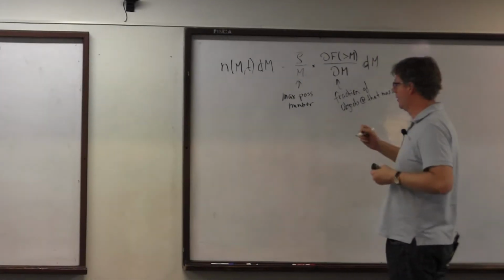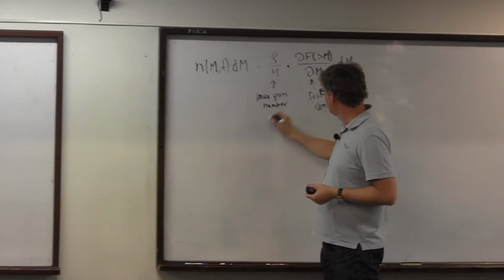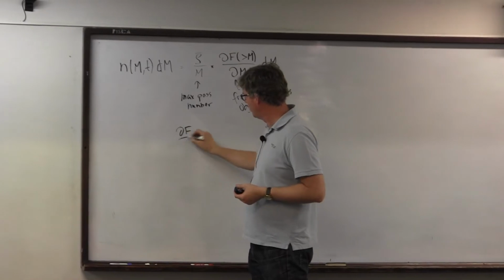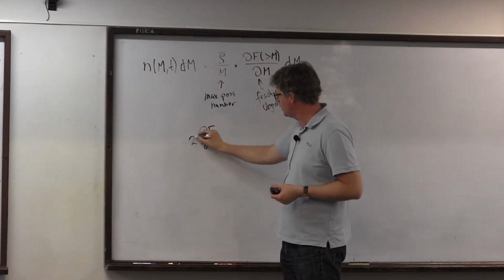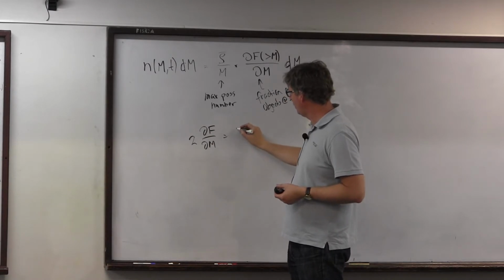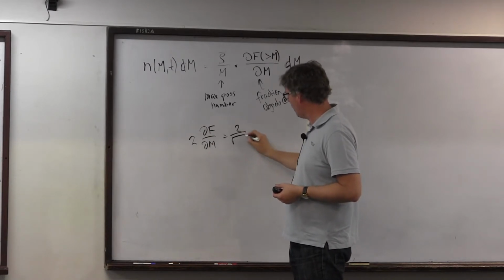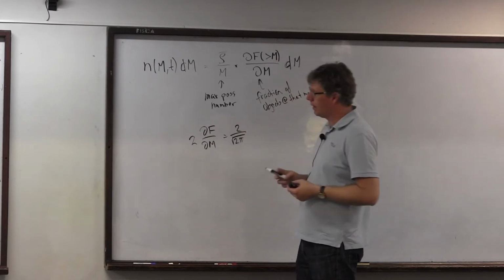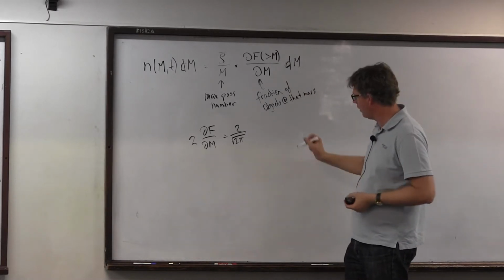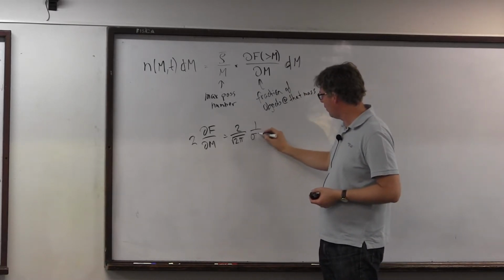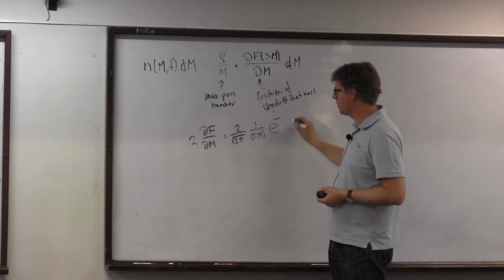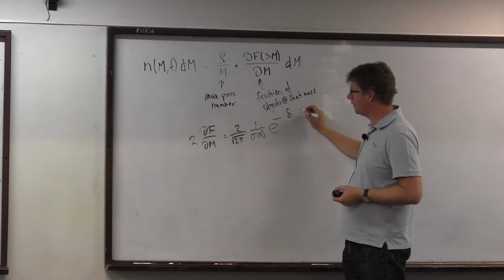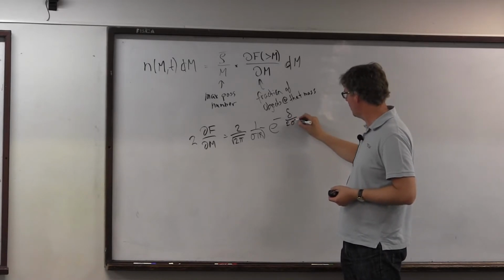So your df dm, 2 times this, is going to be 2 over the square root of 2 pi, and then a bunch of sigmas, so sigma of r, e to the minus delta squared over 2 sigma squared.